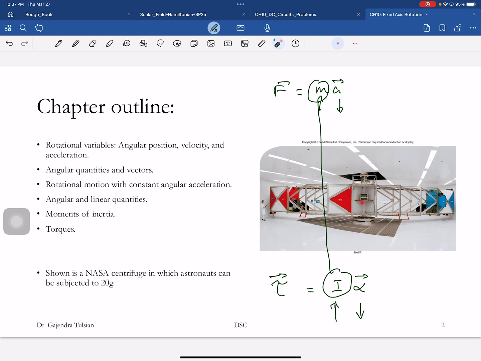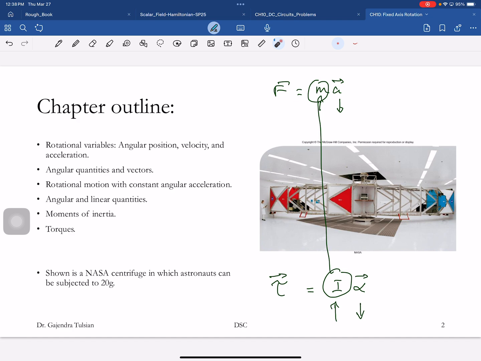All right, this is a picture of a centrifuge. This, I believe, is in Houston. One of this kind of stuff is in Houston, and there's the axis of rotation. You can place astronauts there and spin this object, and you can subject astronauts up to 20 Gs. So the seat would be pushing them with a force of 20 times their weight.